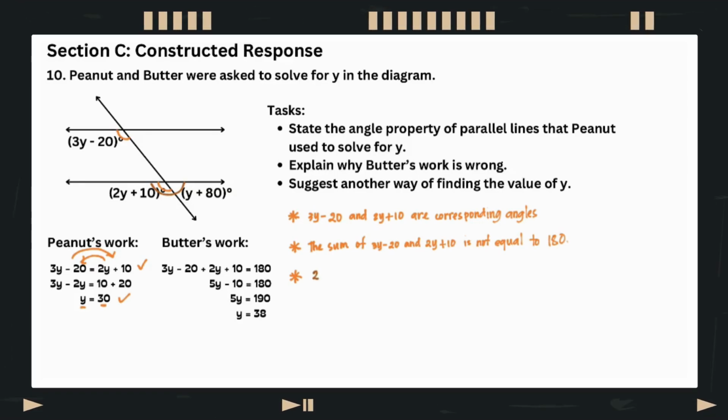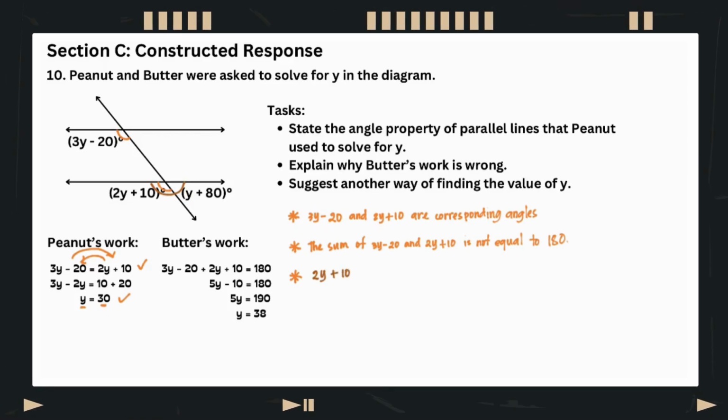So we get 2y plus 10 plus y plus 80 is equal to 180 degrees. Alright, combining like terms, 2y plus y is equal to 3y, 10 plus 80 is equal to 90, so plus 90 equals 180.